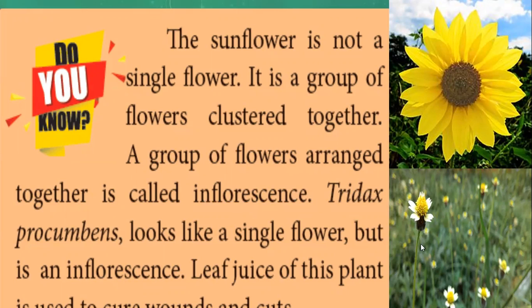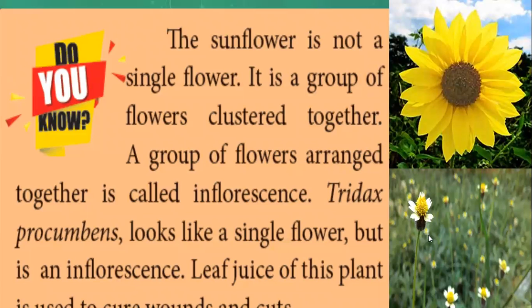This is what? Tridax. So tridax is also a group of flowers. It is the same as a sunflower. This is tridax. We know very well. Here it looks like a single flower, but it is not a single flower. It's a group of flowers. That is what? Inflorescence.